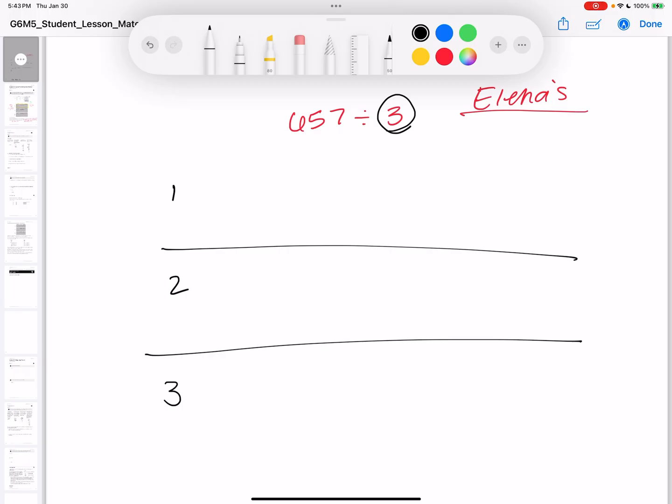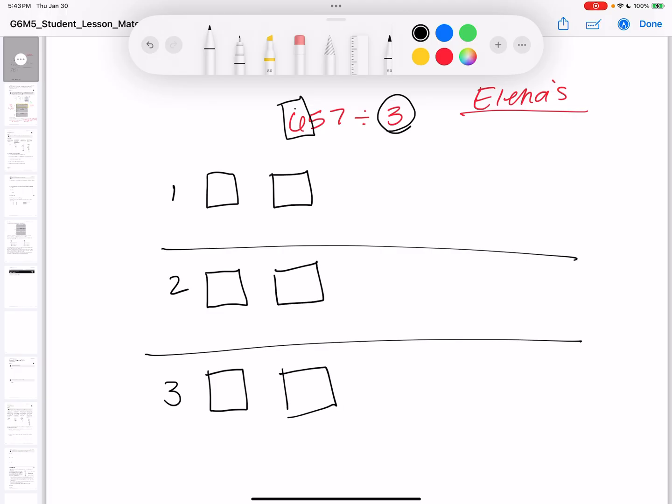Okay? Now, I have 6 hundreds. So here we go. 1, 2, 3, 4, 5, 6. Okay. Then I have 5 tens. So here's a 10. 1, 2, 3, 4, 5.